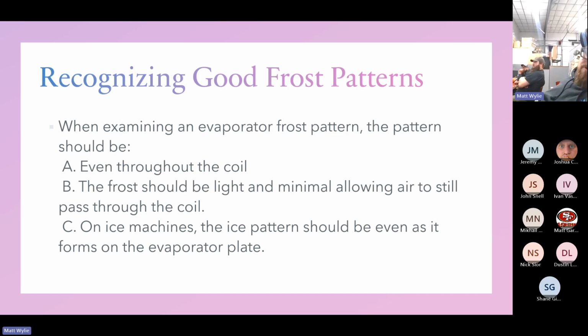Off subject, but it still talks about the frost pattern. Ice machines work the same way. The ice pattern should be even on the plate, not ice getting built up on top of the evaporator or ice being built on the bottom.